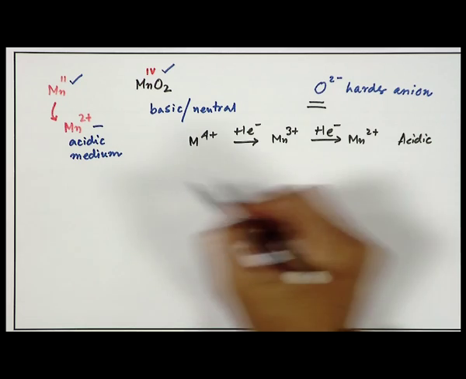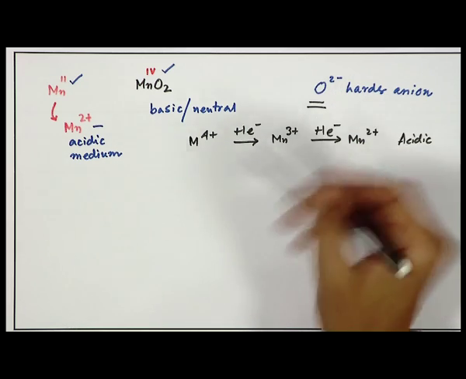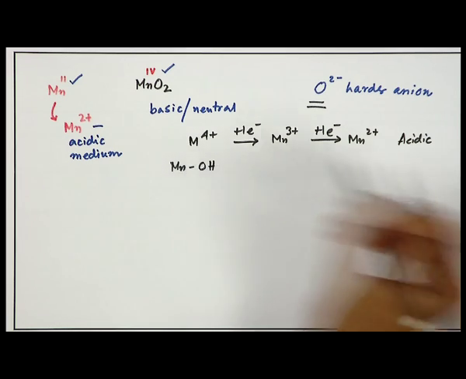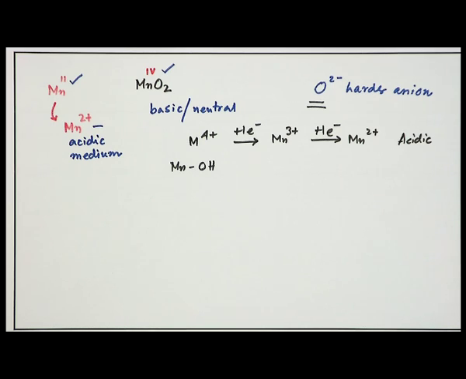So, this is not getting to bind, even if you have some interaction like a discrete MnOH bond, which we will discuss again in detail in our coordination compound classes.